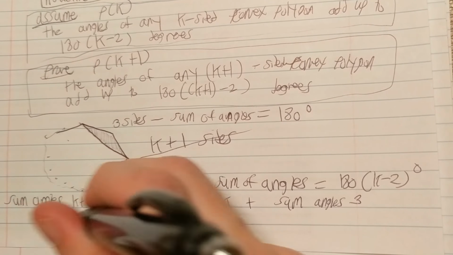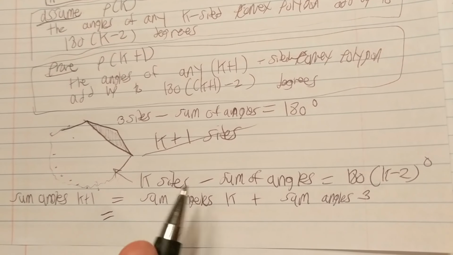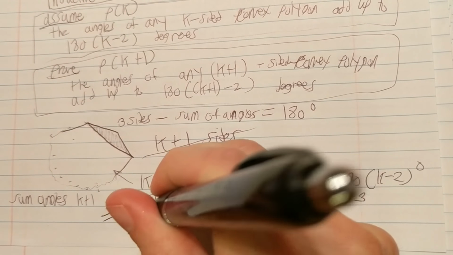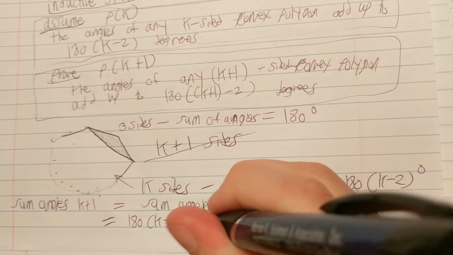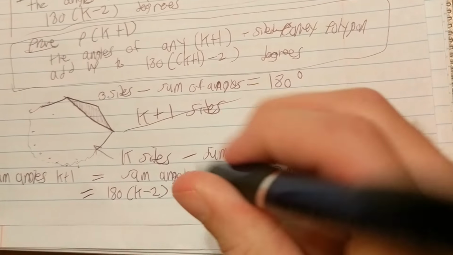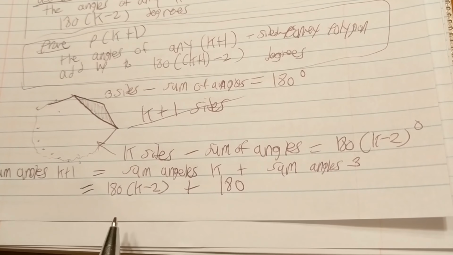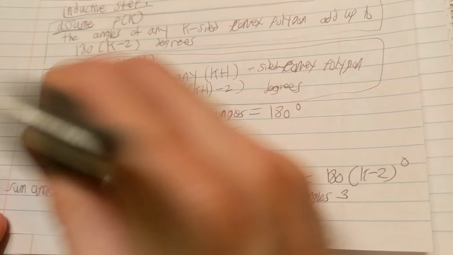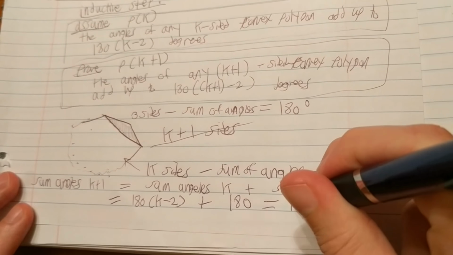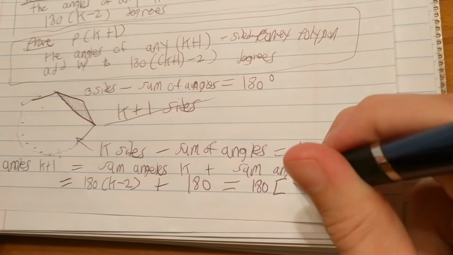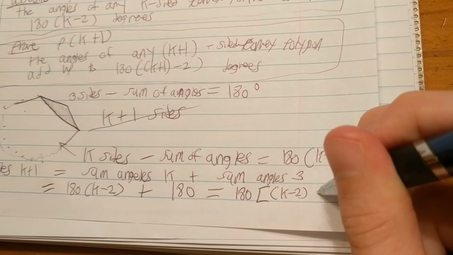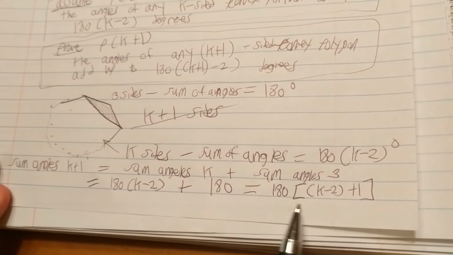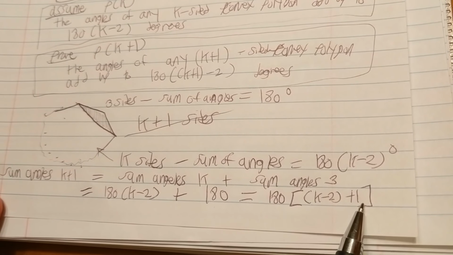All right, this is equal to the sum of the angles in our k-sided polygon, which is 180 times k minus 2, plus the sum of the angles in our 3-sided polygon, which is 180. So the sum of our angles in our k plus 1 sided polygon is 180 times k minus 2 plus 180. Let's pull out the 180. So this is equivalent to, after pulling out the 180, 180 times k minus 2 plus 1.